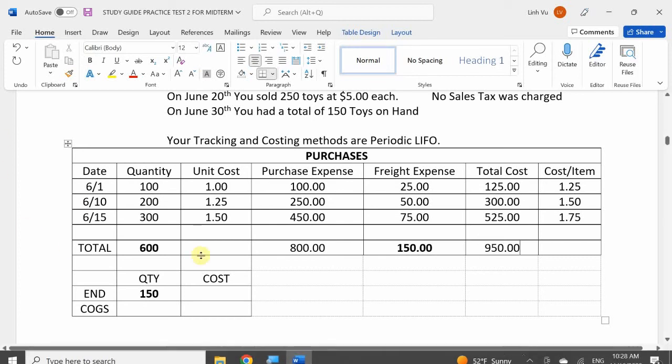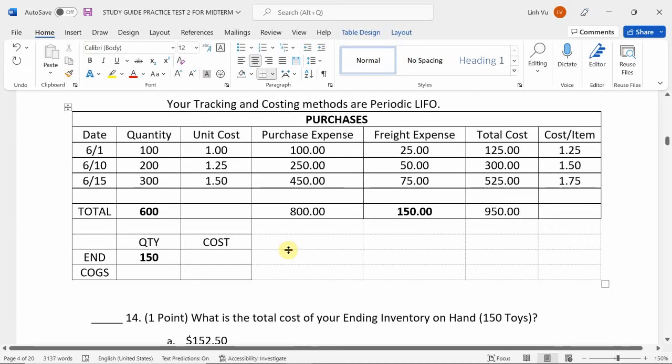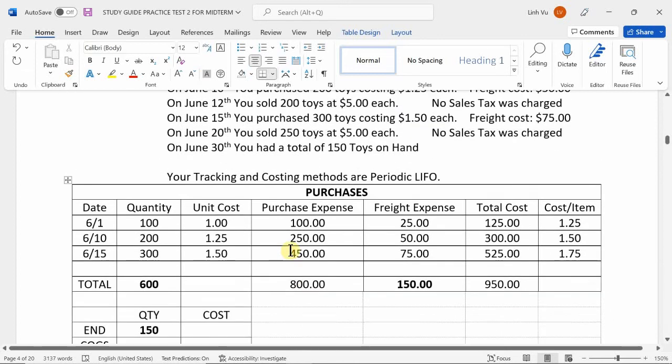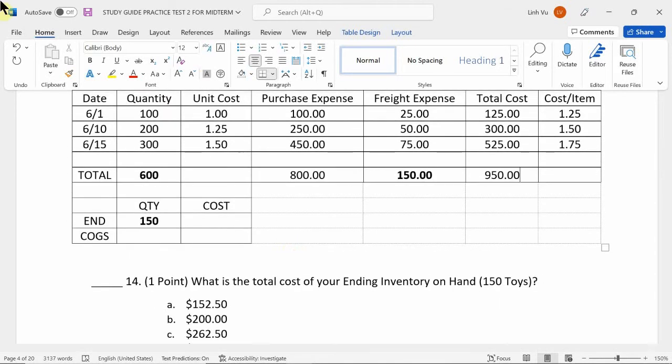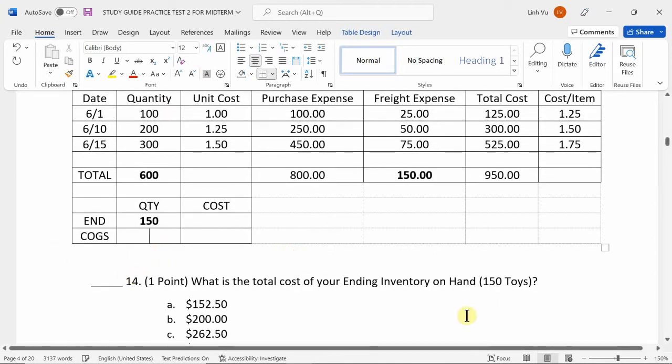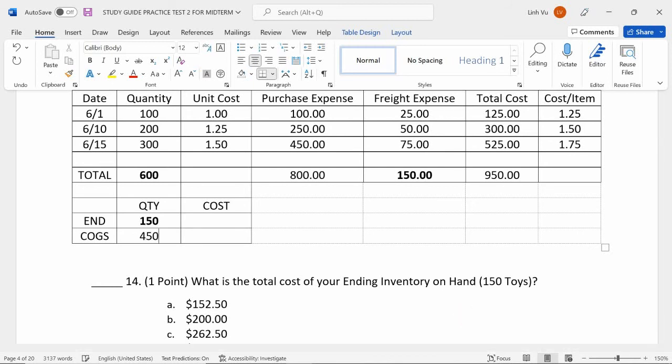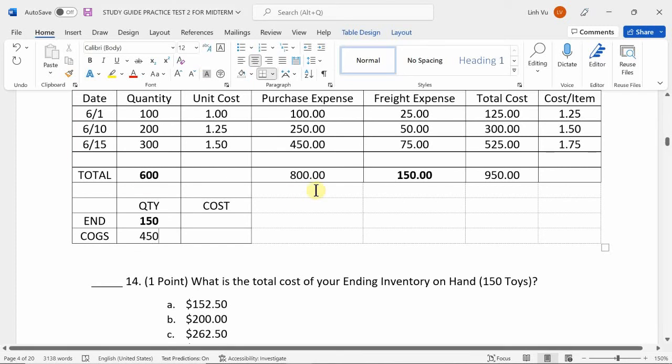Okay, so first things first, we have to remember we're using LIFO as our costing method. So in this case, if I have 150 left remaining, if I start out with 600 and only have 150 left, I should have sold 450 units.